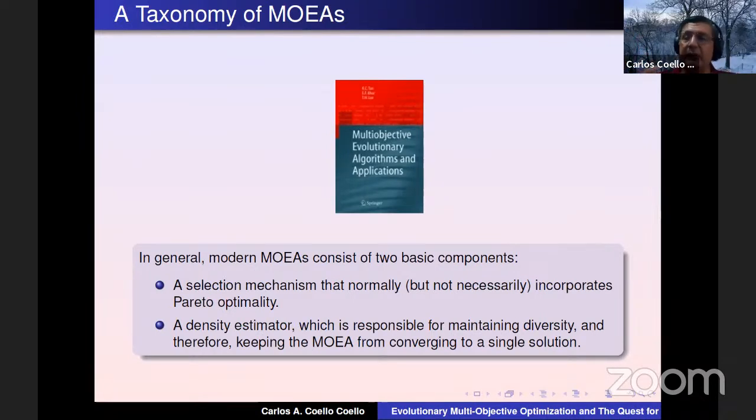The density estimator is a very important mechanism which is responsible for maintaining diversity and therefore for keeping the algorithm from converging to a single solution. This is the mechanism responsible for keeping several solutions that are different, for example, in decision variable space, in the same population.